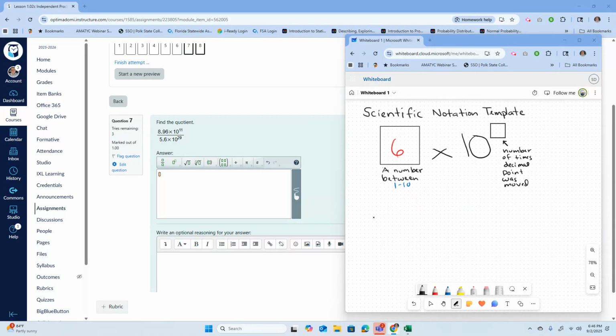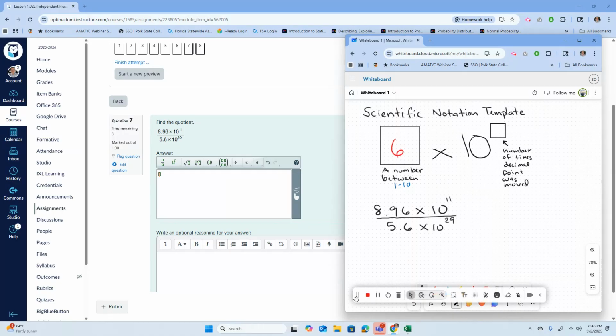In problem number 7, we're doing a division problem. So we have 8.96 times 10 to the 11th power divided by 5.6 times 10 to the 29th power. And the way you divide numbers in scientific notation, basically, you're going to divide the coefficients by the coefficients.